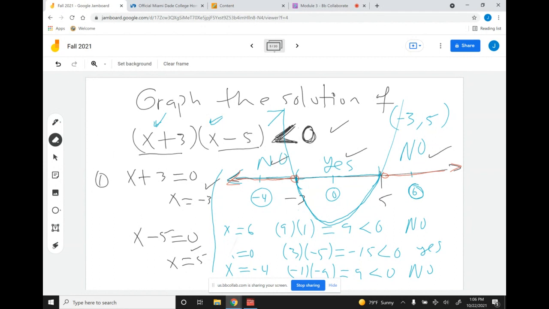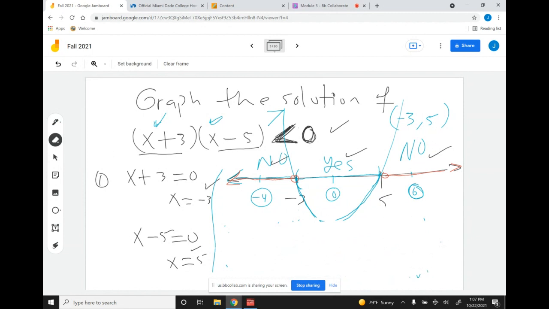In that case, hold on, give me 1 second here, let me erase all this. In that case, it will be from negative infinity up to negative 3. There's a gap now, union, and then from 5 to infinity.